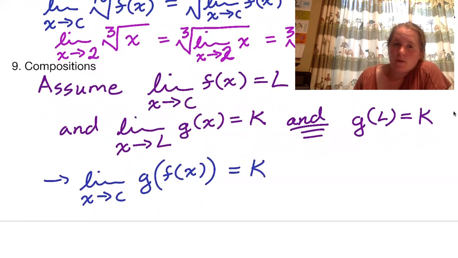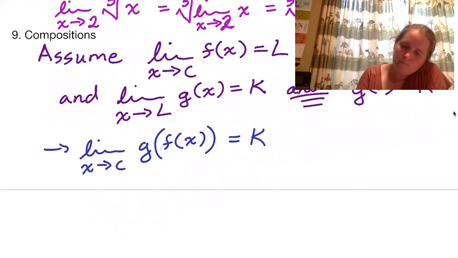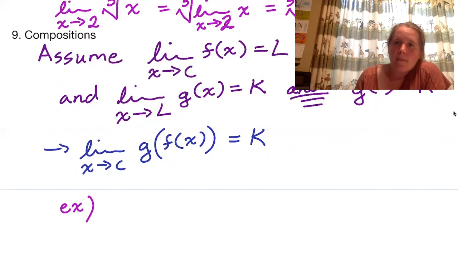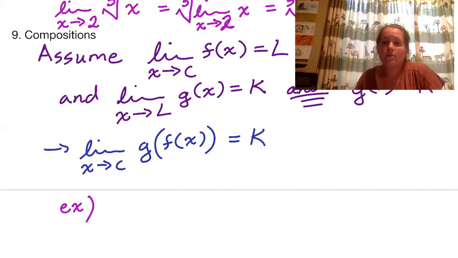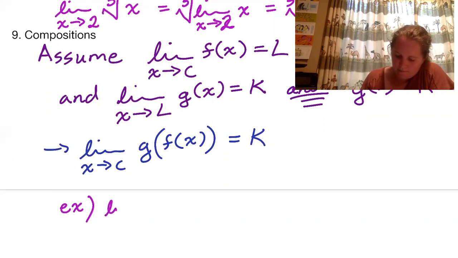So for example, let's say that we wanted to find the limit as x approaches 2 of, let's do, x plus 3 squared.